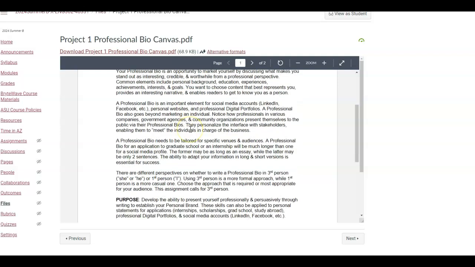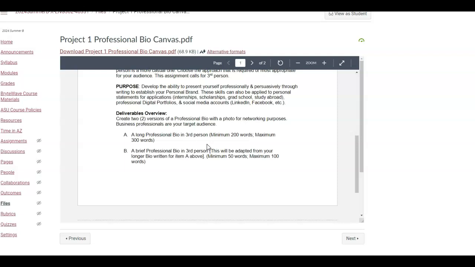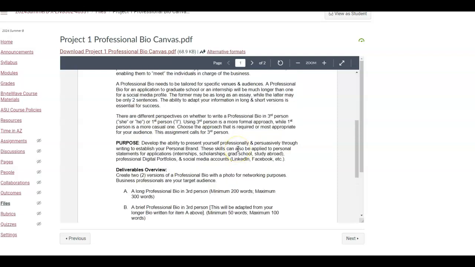Reading through here, it offers some information, but simply going down to the deliverables: everybody needs to produce 2 professional bios. One is going to be a long one and one is going to be a brief one. They're going to be written in third person. And if you go over the videos and the content, a professional bio is an argument. You are stating your skills, and then you are going to follow those up with the evidence of those skills.